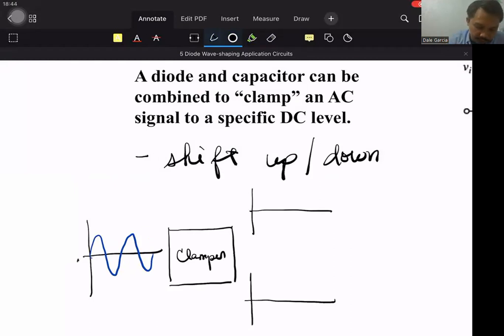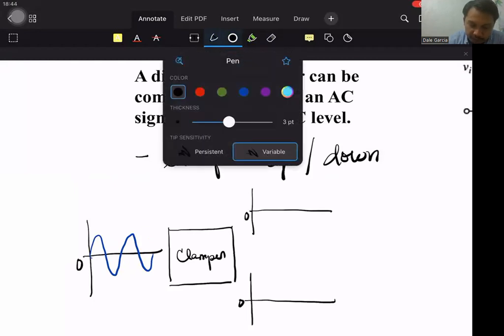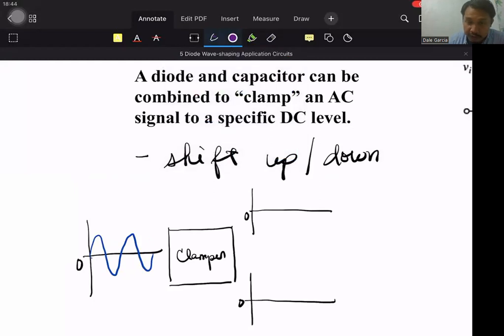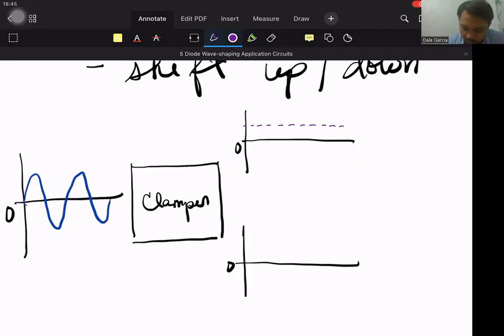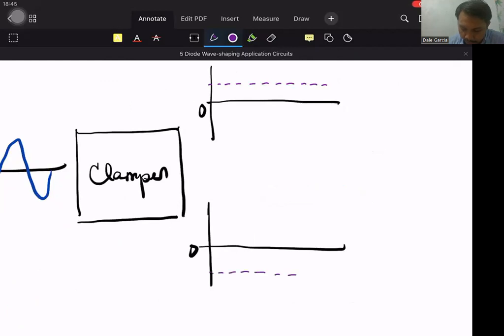If this is the 0 volts origin, it's as if the origin is shifted upward or downward.